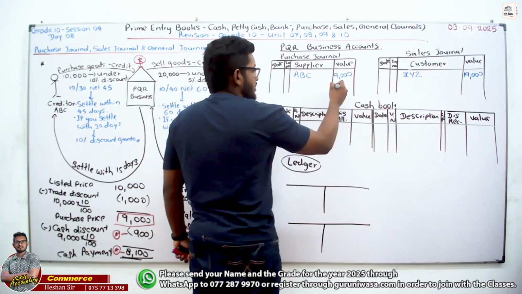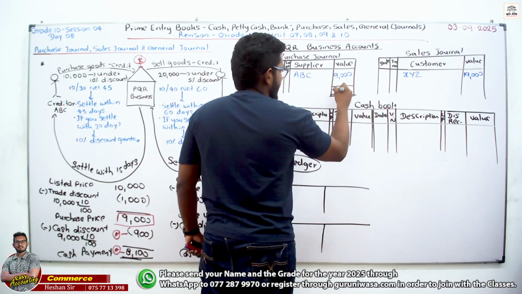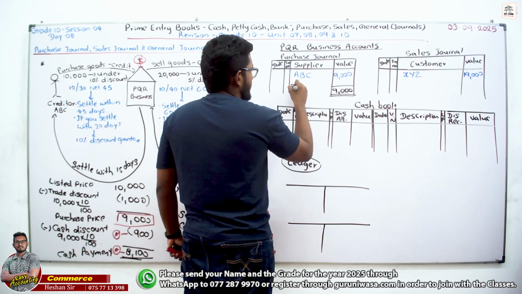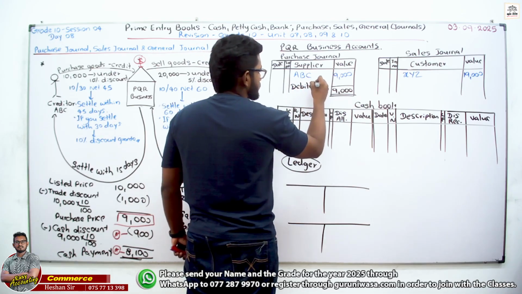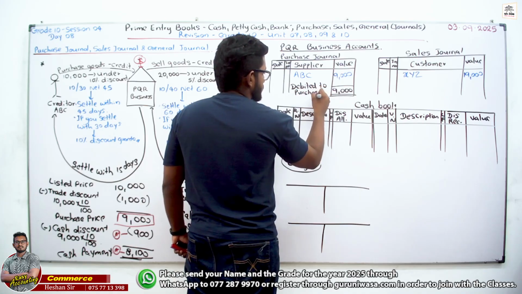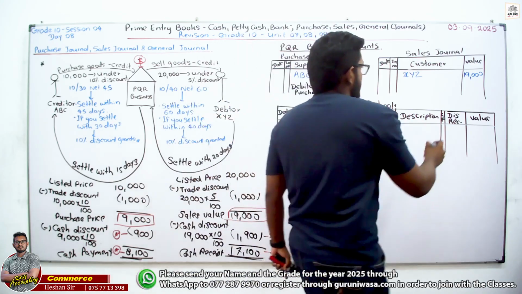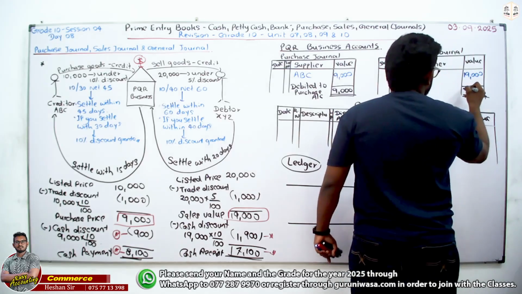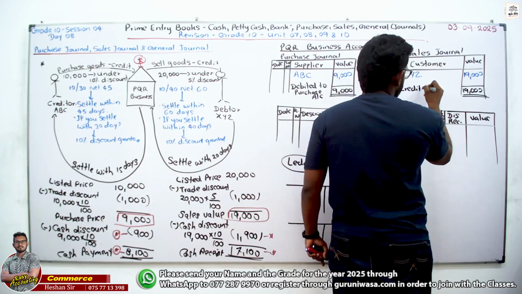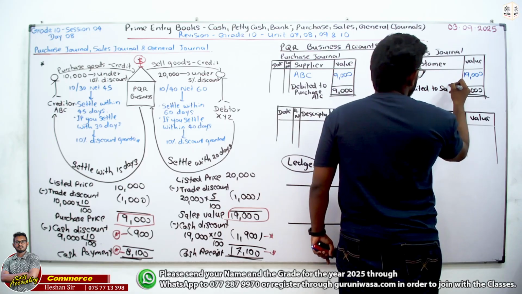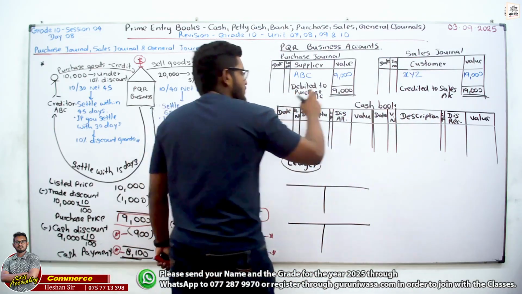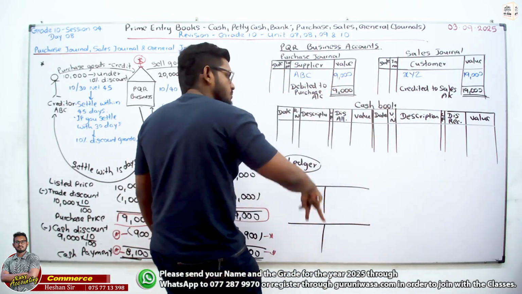I get the total and write it as debited to purchase account. Here I get the total and write it as credited to sales account. Just remember, since this is not performing the dual function, both double entries should be recorded in the ledger.